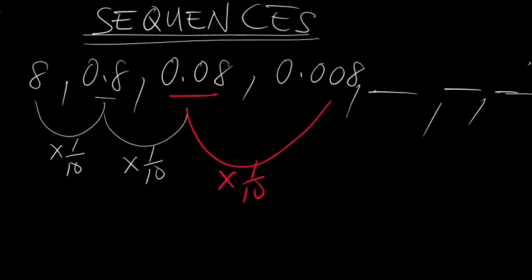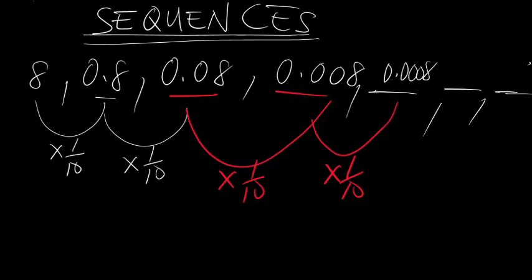Just the same way, for us to get the other terms, we multiply by 1/10. So having gotten the pattern, we can now get the next three terms. 0.008 times 1/10 will give us 0.0008.